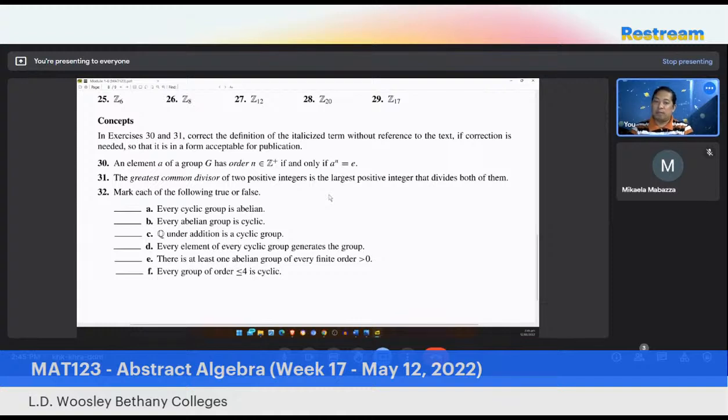So what do you think? You tell me na lang, is it a false or a true statement, Michaela? True or false statement? Ano pong ulit, sir? Number po. Okay, number 30. Tell me whether this is a true or false statement.